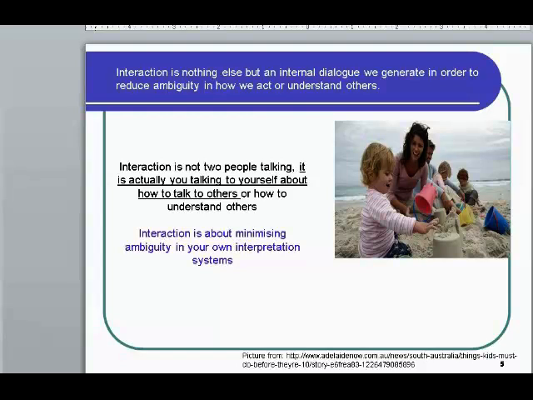So let us be clear. What we want to do here is create interactive conditions which allow students to interpret things in a different way, in a more informed way, rather than in a way they would have had they not been in our classes.